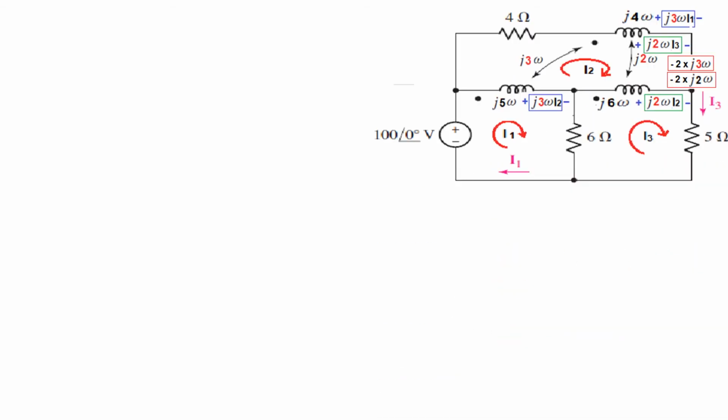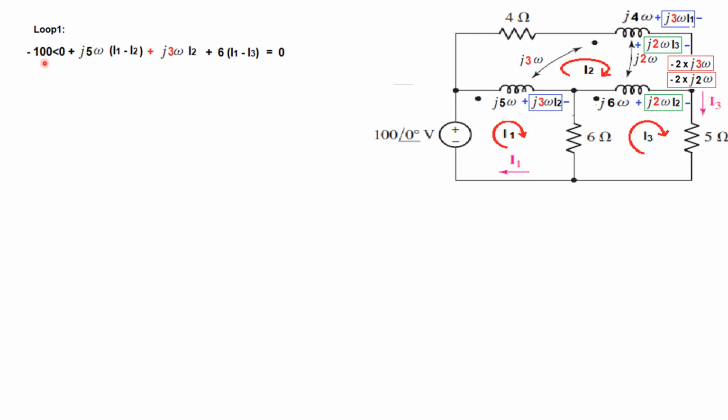Okay, so this was the circuit. Now we start writing the equation for loop number 1, and I follow the convention that I start from the left corner. So it will be minus sign here, so minus 100, and then we have j omega times current I1 minus current I2. Then we have this voltage complete, so plus j3 omega I2, and then we have 6 times I1 minus I3.